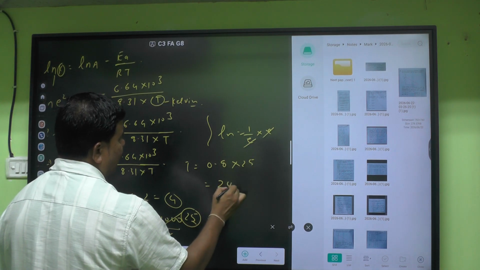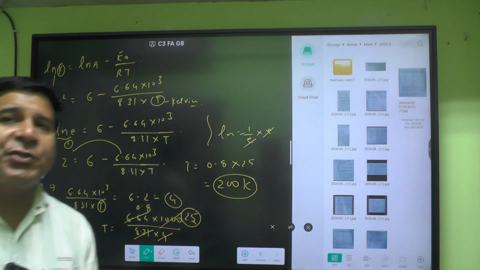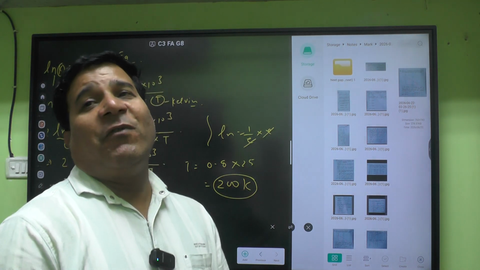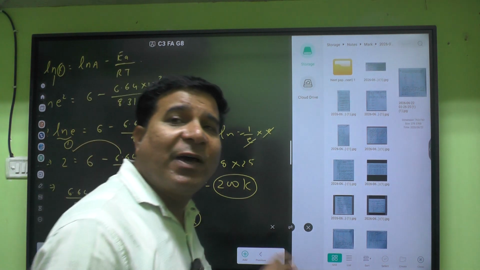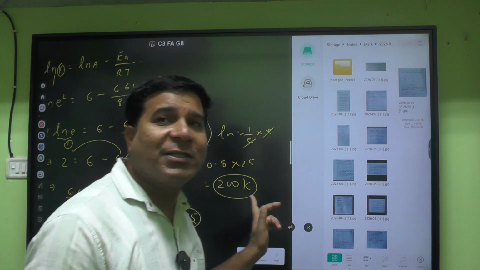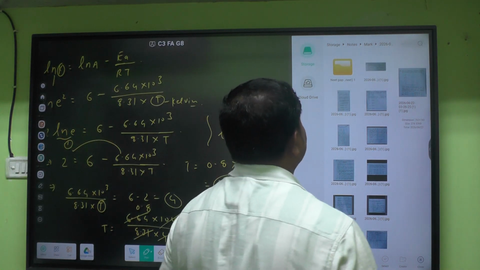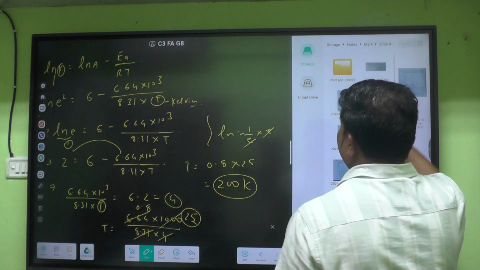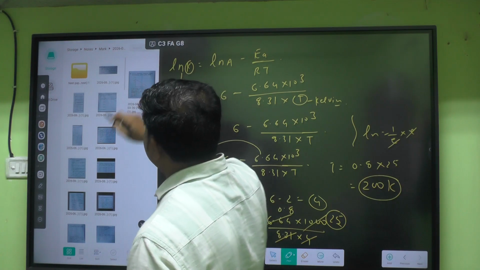We get 200 Kelvin. So remember, the temperature is 200 Kelvin when the rate constant becomes e squared. The required temperature is 200 Kelvin.